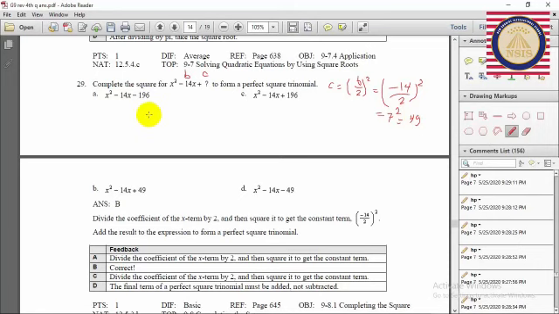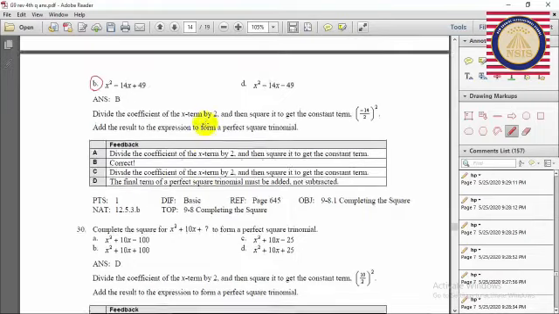And take care of this: the last term, the C, must be positive all the time. For a perfect square trinomial, the C is always positive. So my answer will be B. This is negative, it's not right. C must always be positive. Okay? Very good.